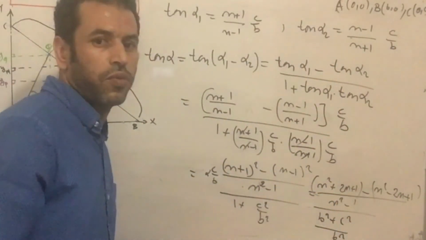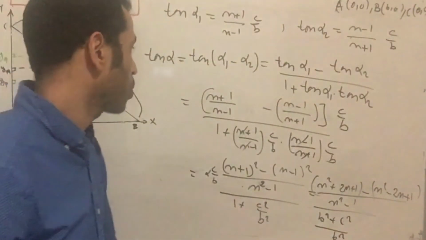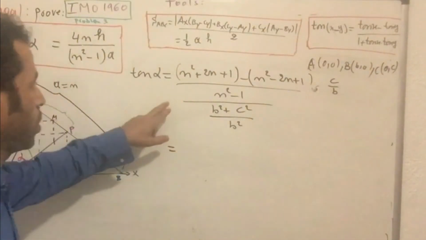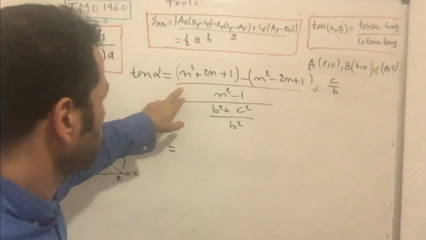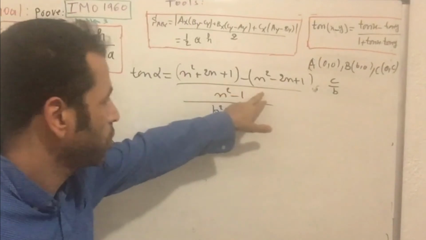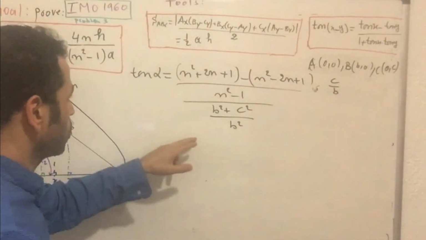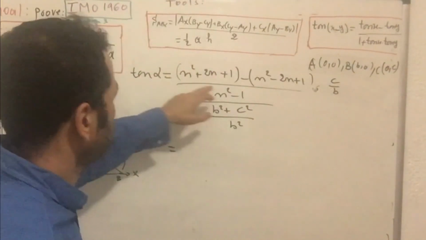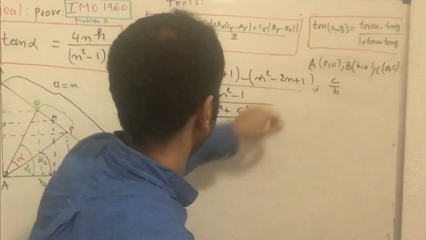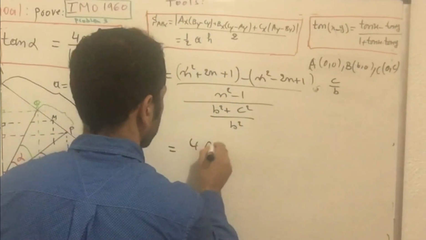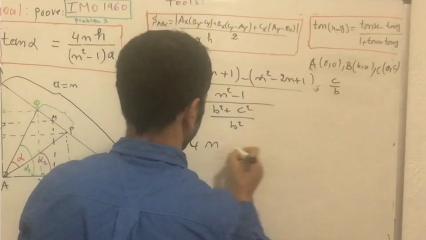I'm running out of room. I'm going to bring this one at the top and continue with our problem. Okay, now I have tangent alpha equal this expression. I'm going to cancel out some numbers and simplify other numbers as well. So now n square minus n square is 0, 2n plus 2n is 4n, plus 1 minus 1 is 0, times c over b.